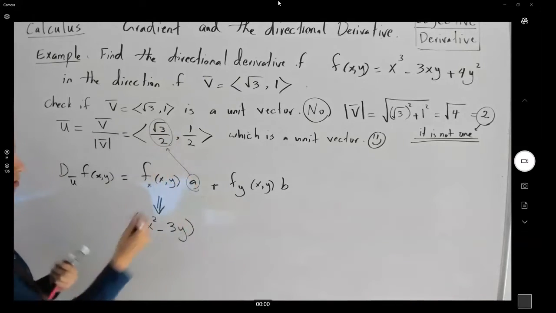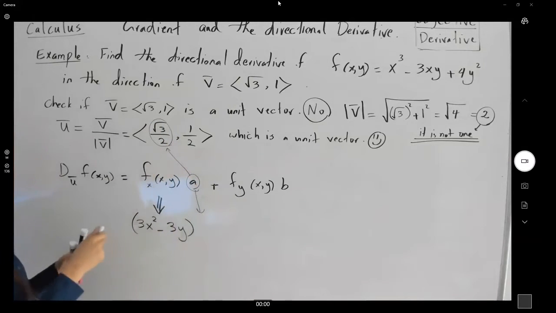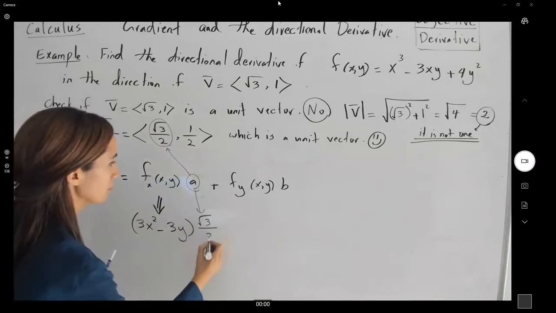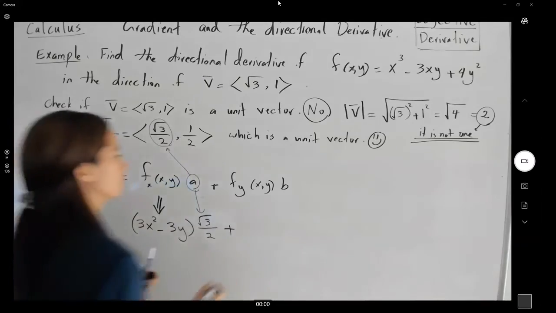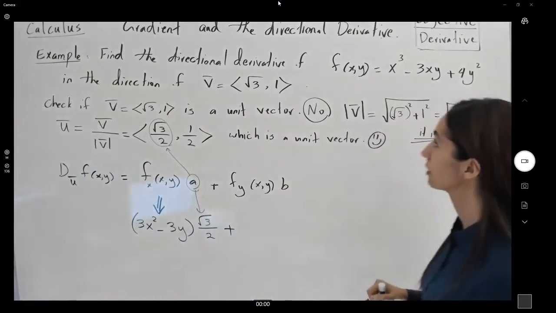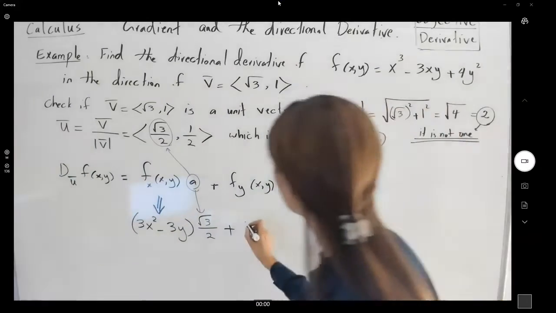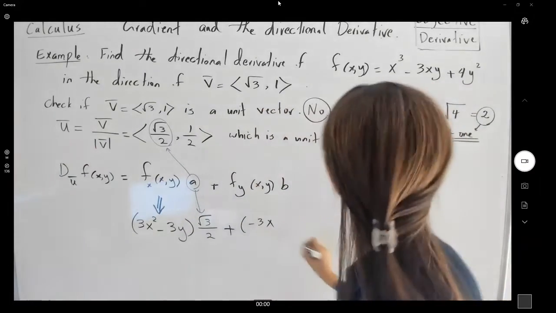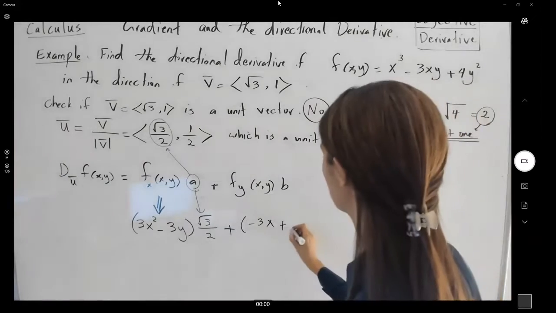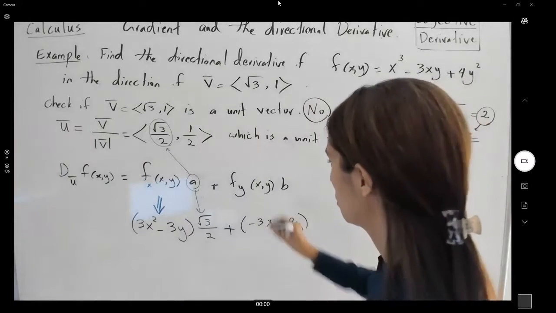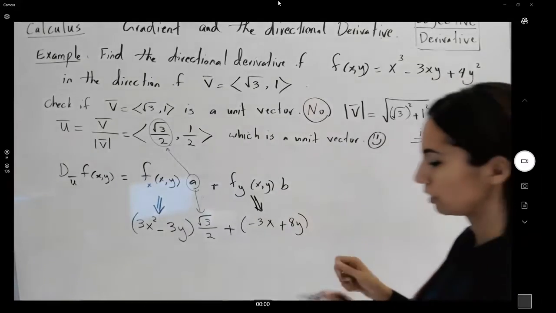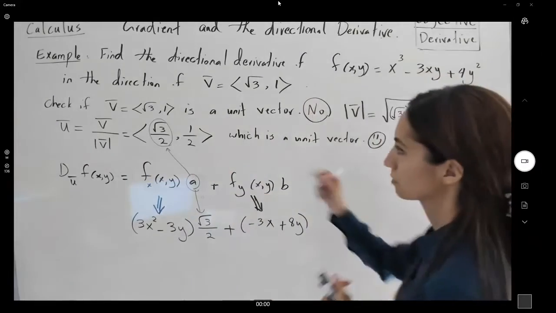Okay, let's just put that guy here. Plus, and here, partial derivative of f with respect to y is going to be negative 3x plus 8y. So this is partial derivative with respect to y. And b, what is b? b is a half.